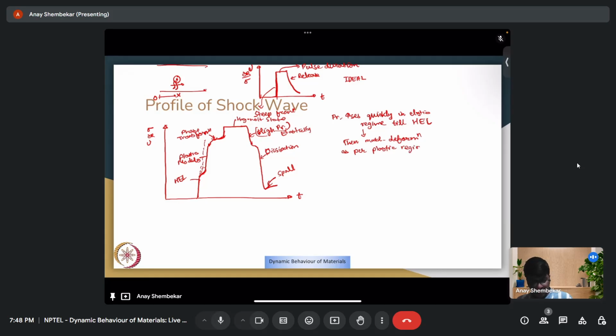Both of these are based on your constitutive laws, and then you could have a phase transformation if it exists. Again, we'll look into conditions for phase transformation in detail in the next few classes.